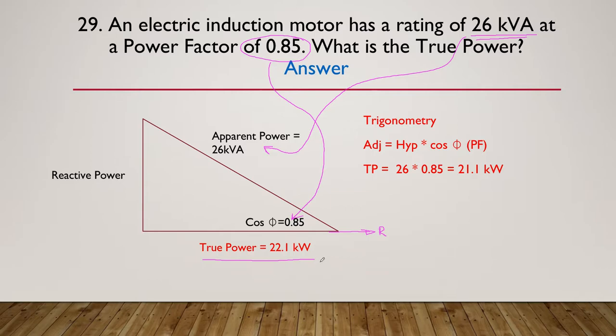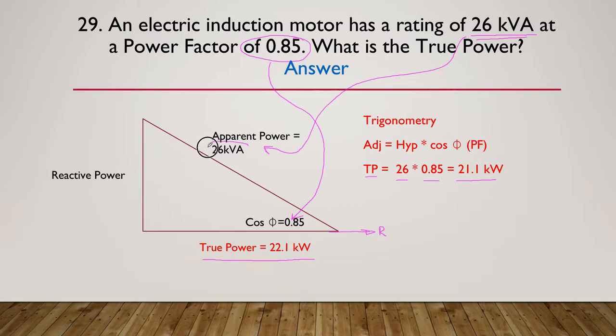And then it was just a simple matter of a little bit of trigonometry, and we were trying to calculate the total power. So it was simply 26 multiplied by 0.85. We already have the cos of the angle, and 21.1 kilowatts. So the true power is always going to be smaller than the apparent power.